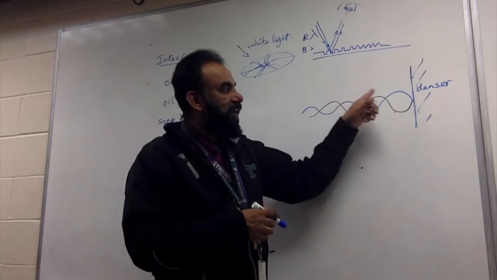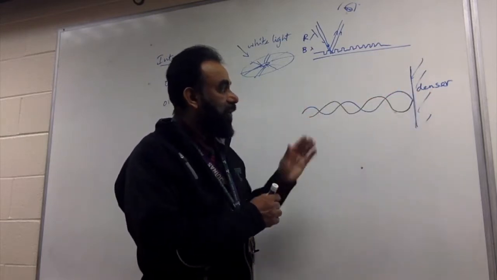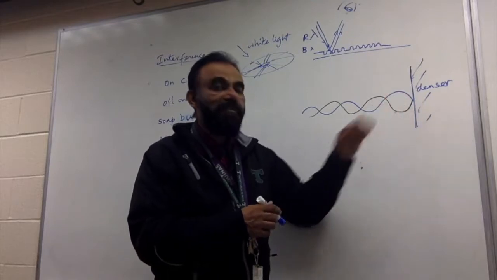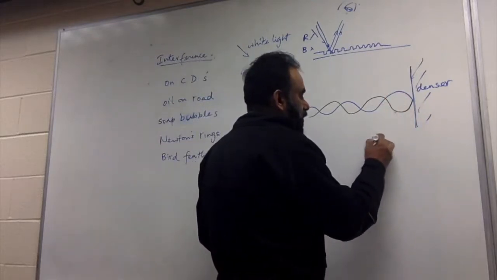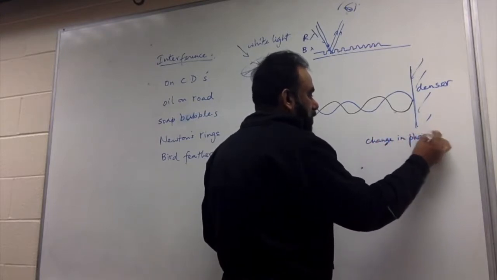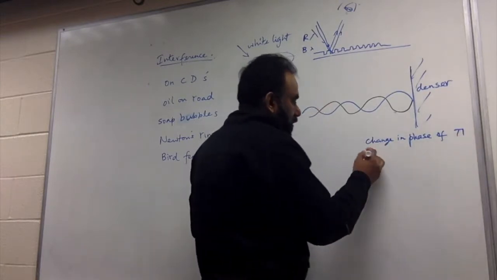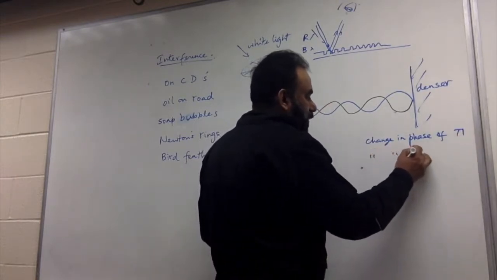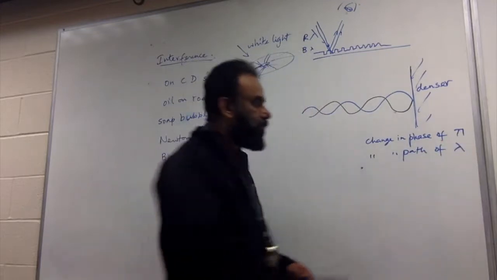So when reflection takes place at a denser medium, there is a change in phase of pi radians, and the same way a change in path of lambda over 2.